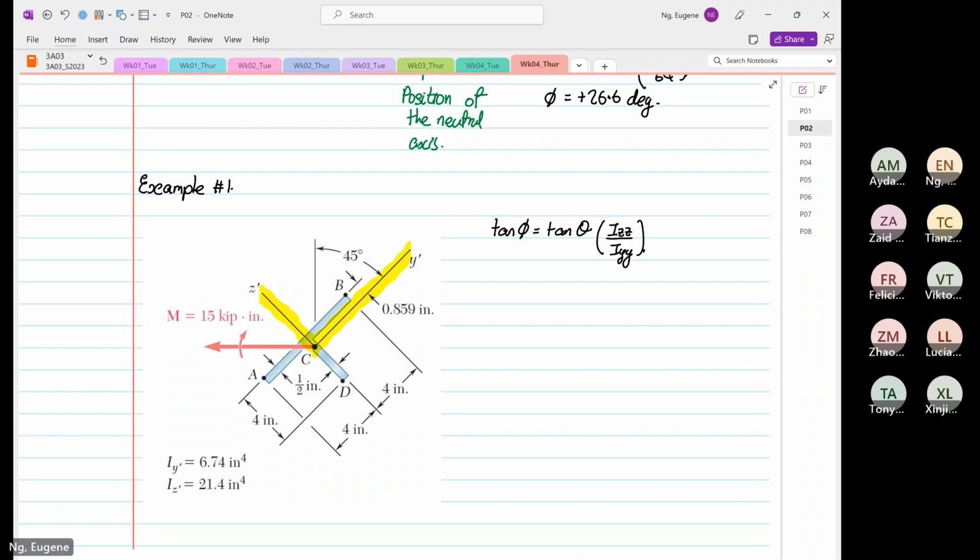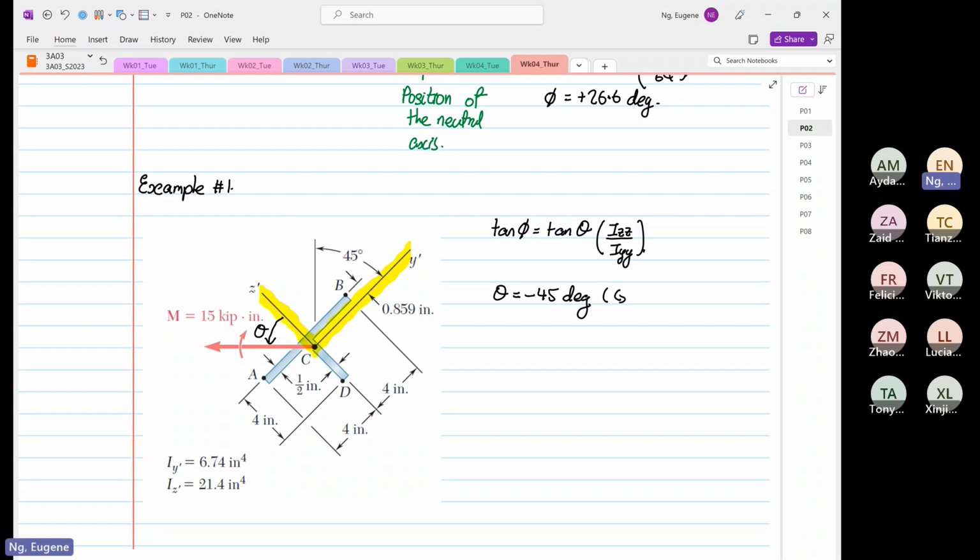Okay. So from here, we can see that from Z prime, now this angle over here will be our theta. And we know that the theta now goes anticlockwise. So therefore, theta is equal to minus 45 degrees. Why minus?